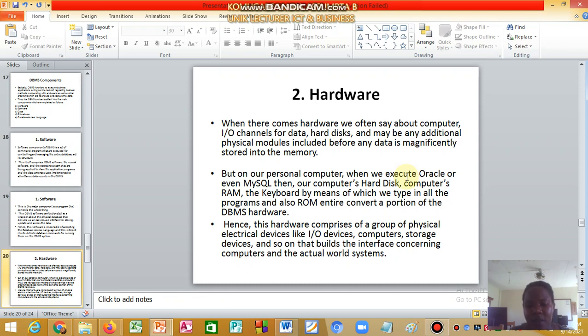Hence, this hardware comprises a group of physical electric devices like input-output devices, computers, storage devices, and so on, that build the interface between computers and real-world systems.